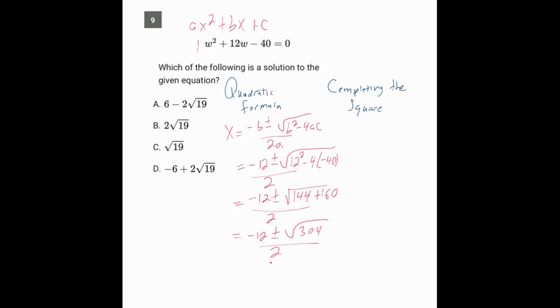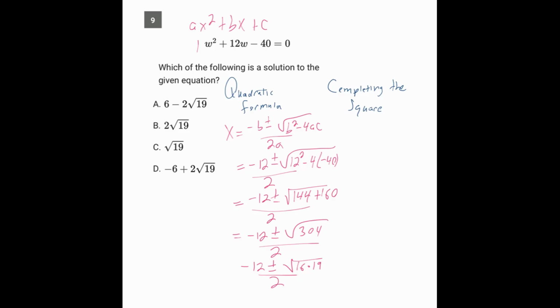Negative 12 plus or minus root 304 all over 2. Now, we can cheat a little bit off of the answer choices because they all have square root of 19. So we can divide 304 by 19, and we'll find out that it's really 16 times 19. So negative 12 plus or minus square root of 16 times 19 all over 2.